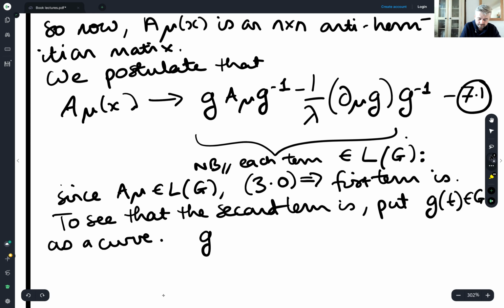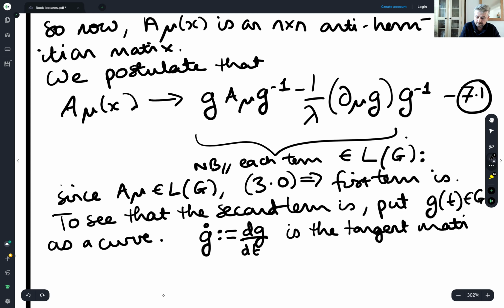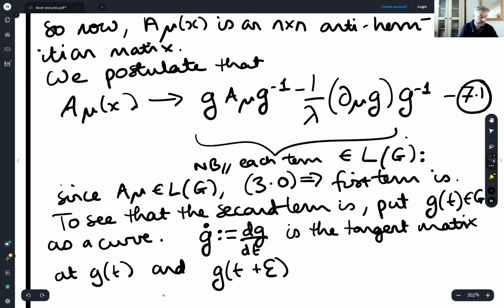And then I'm going to call G dot again this dg by dt. So this is the tangent matrix at G of t. And G of t plus epsilon, where epsilon is an arbitrarily small infinitesimal parameter.